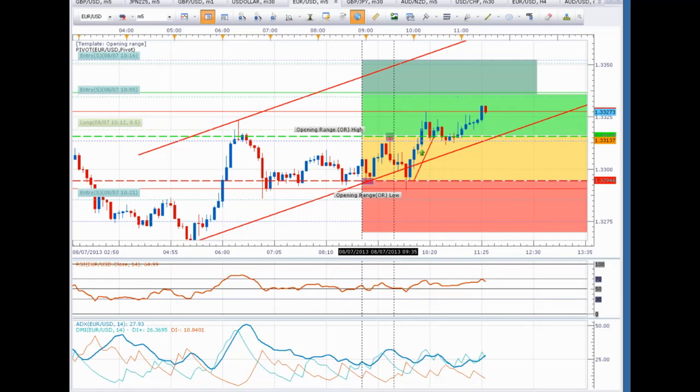But again, with breakout strategies, there's risk involved. And in fact, you may take a lot of losses. A lot of people talk about the Turtles and their strategy, but they took a lot of losses on false breakouts. But the thing is, they had a mechanical system where they took every single trade. Mark Douglas talks about it in his books, The Disciplined Trader and Trading in the Zone.